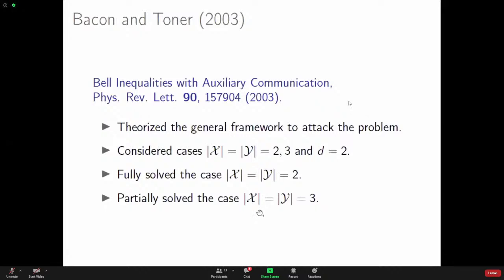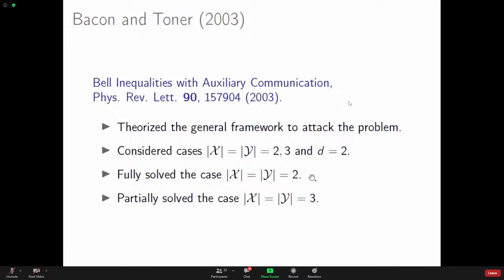They first consider simple cases where the number of measurement choices for Alice and Bob is either 2 or 3, and the outcome for each measurement is 2. They solve the case x equal to y equal to 2 fully.